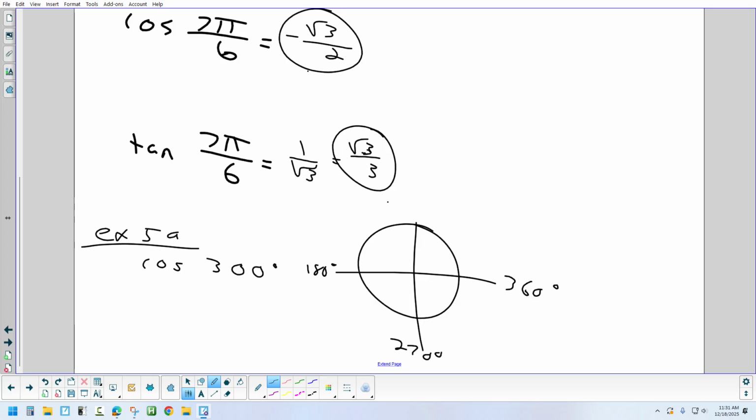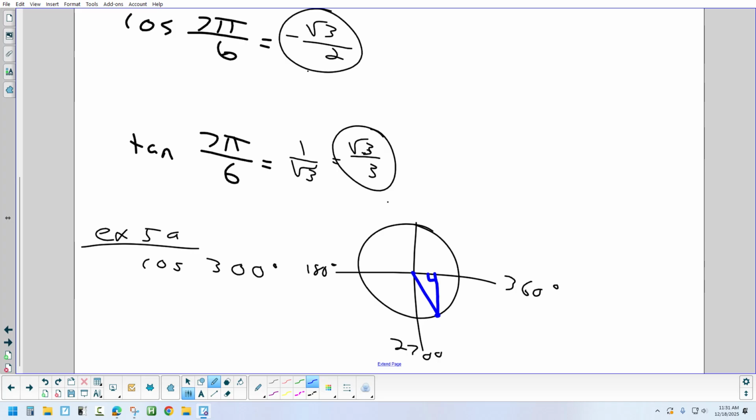Right in the middle? No, not right in the middle. It's closer to 270. So we're gonna put a point there that's a little bit after 270. Make your triangle. And if you draw it right, you should be able to tell that you have a long side and you have a short side.